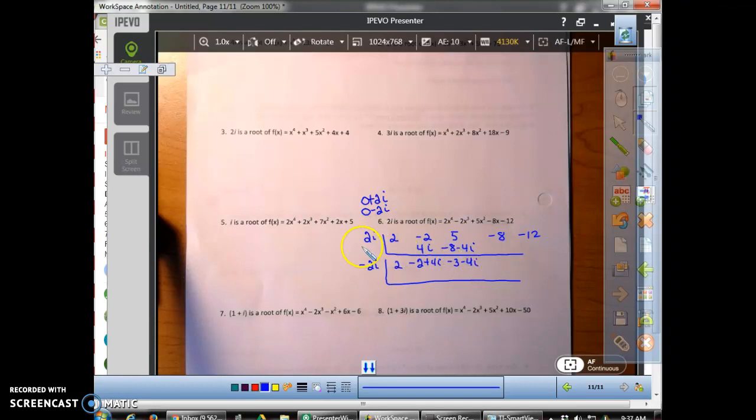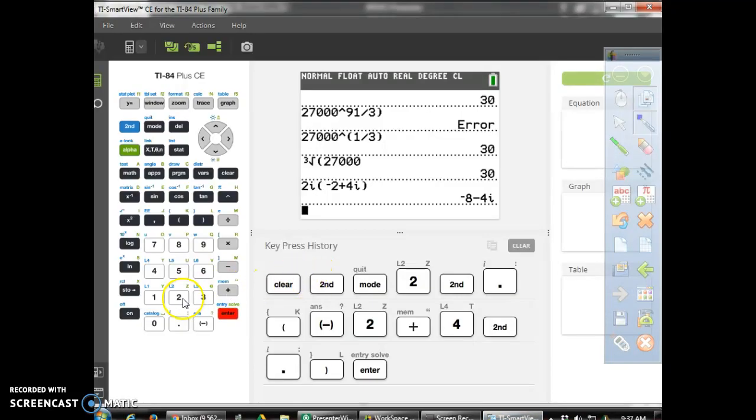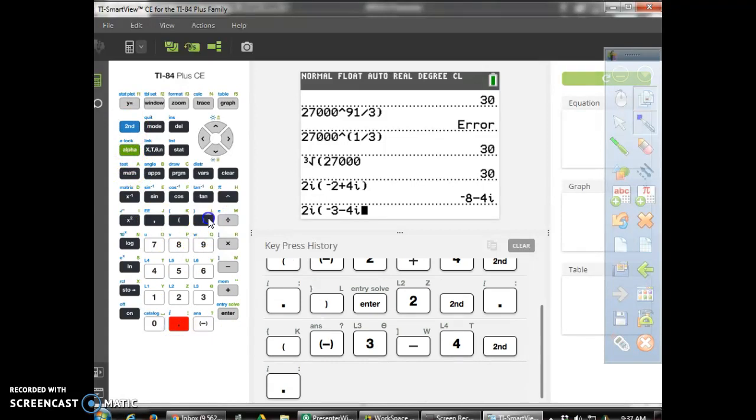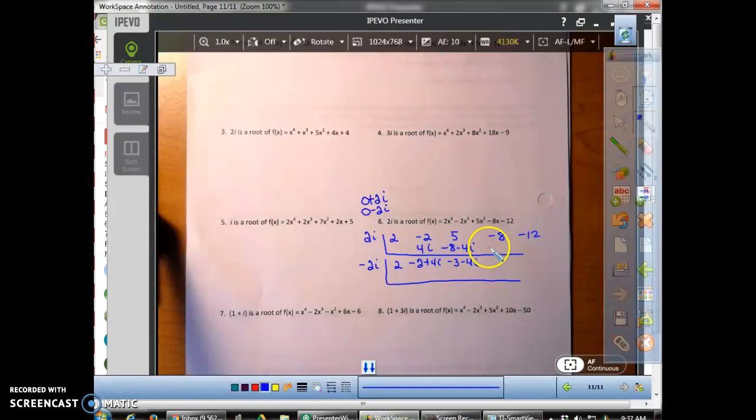So now I've got to do 2i times negative 3 minus 4i. Use parentheses there, and it gives me 8 minus 6i. So 8 minus 6i goes here, and you see that these cancel, giving you a minus 6i, and then negative 6i times 2i is negative 12i squared, which is really just a positive 12.